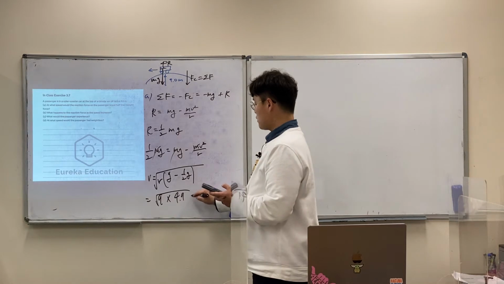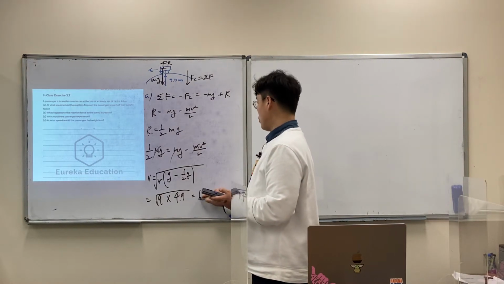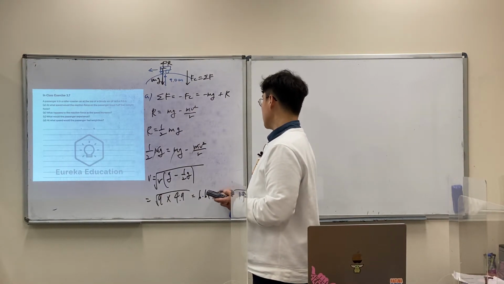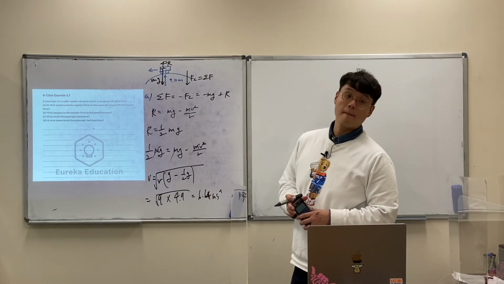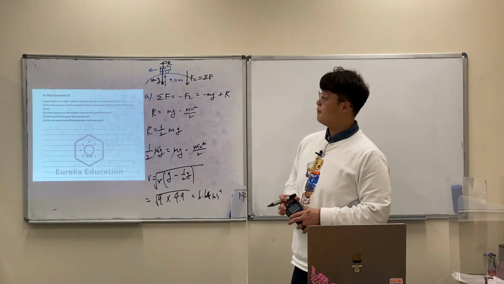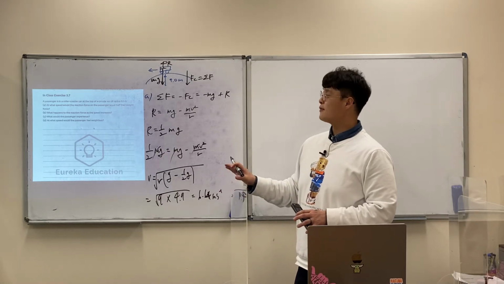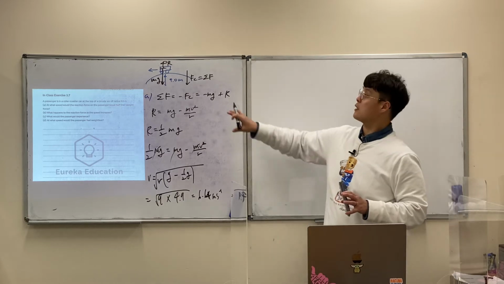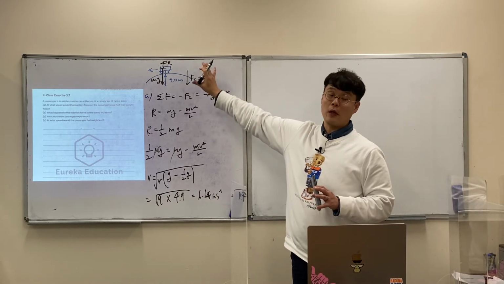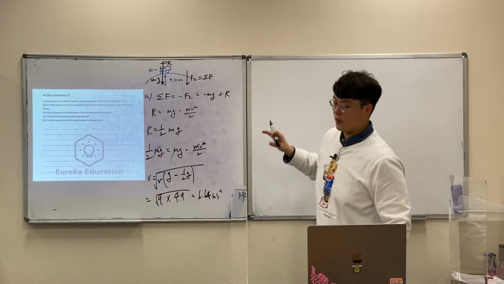You should get a velocity of 6.64 meters per second. Good? Kind of tricky. It's more a math question rather than physics, but we're using the concept of the normal reaction with the weight force to figure out the velocity.